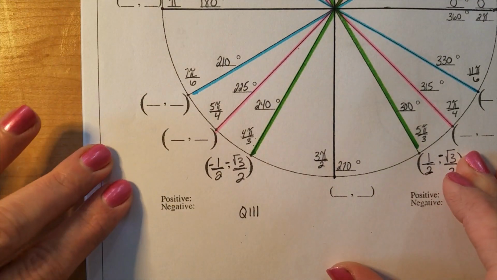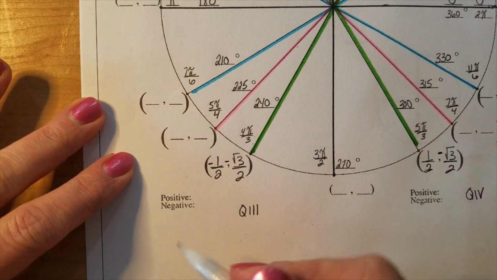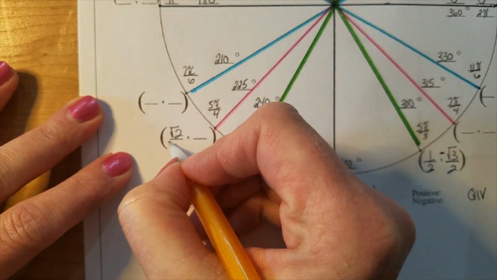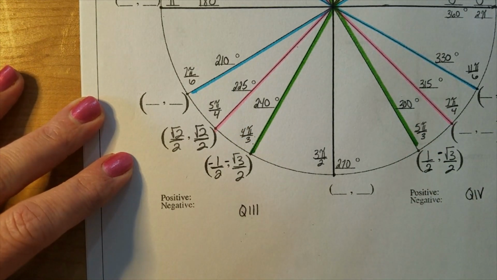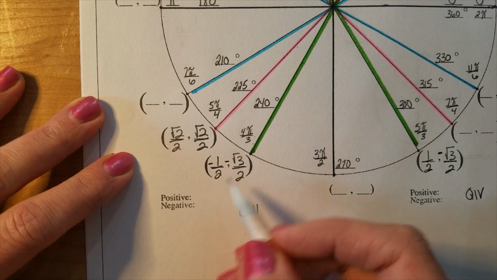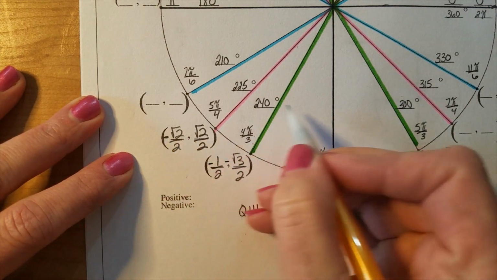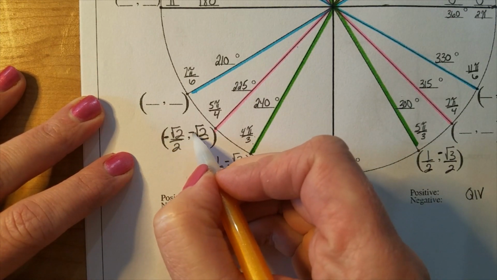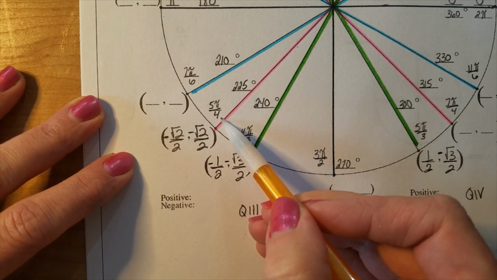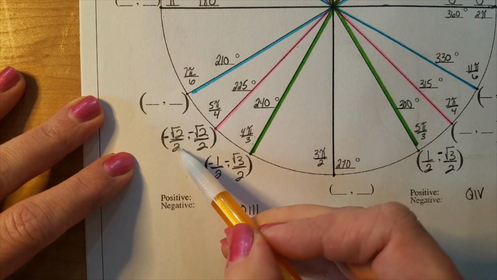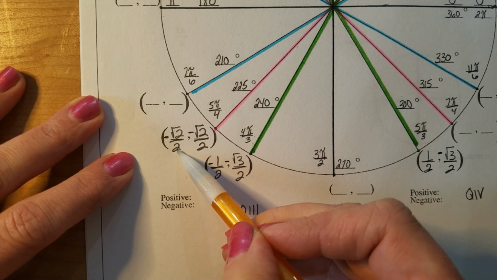Let's go down to quadrant 3. Square root 2 over 2. There we are. In quadrant 3, x is negative, your y is also negative. And again, let me just reiterate, the cosine of 5 pi over 4 equals negative square root 2 over 2.